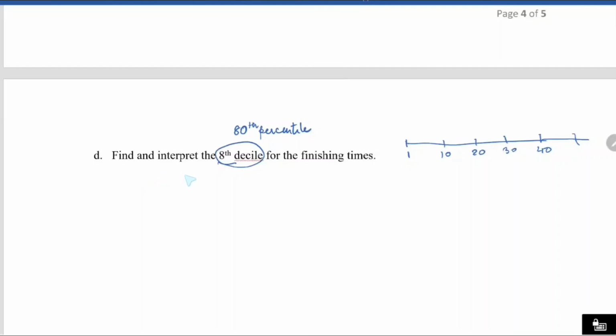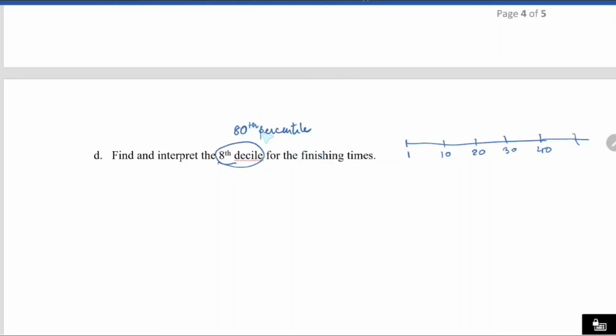Now, we have to work this problem the same way as the previous problem, now that we know that 8th decile is the same as 80th percentile. So again, percentile means percentage of observations to the left.